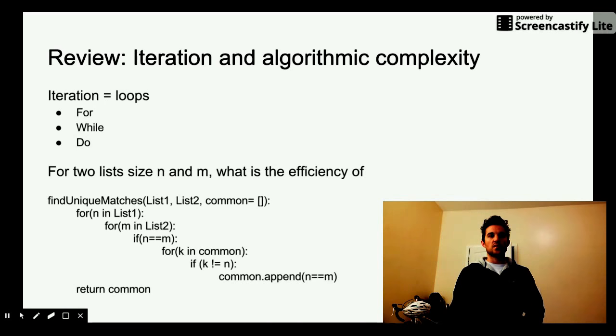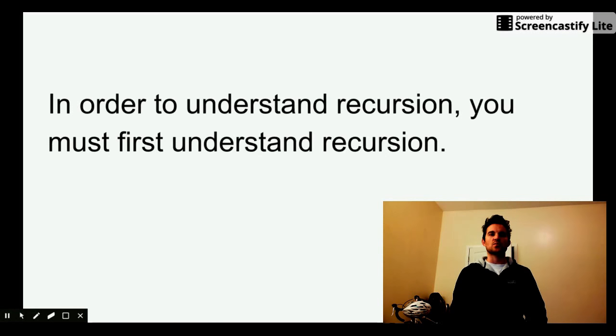Recursion is going to be a much different beast, but it's also going to be mathematically and algorithmically a little bit more elegant. This elegance you can see in our natural interpretation of what people might call meta or recursive occurrences in real life. So, in order to understand recursion, you must first understand recursion.